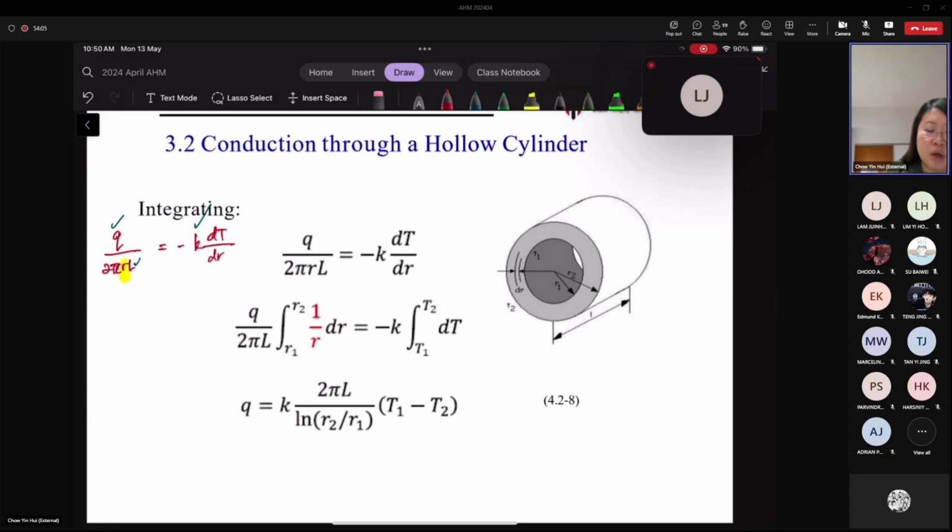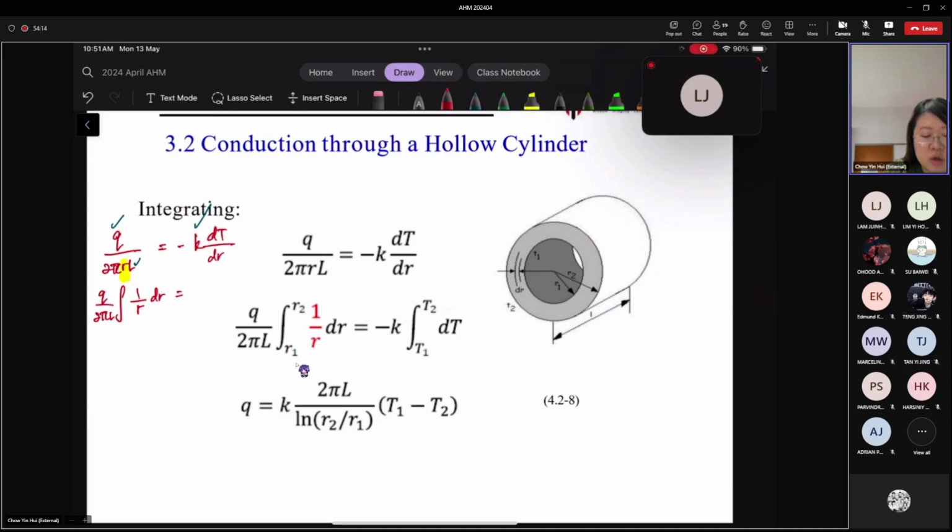So we will rearrange the variables. Q divided by 2 pi L is constant. We'll be integrating 1 over R with respect to the radius, and on the right-hand side, integrating with respect to temperature. We assign the boundaries: at R1, temperature is T1, and at R2, temperature is T2.